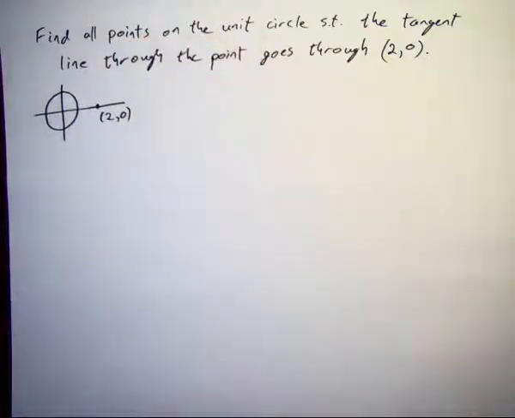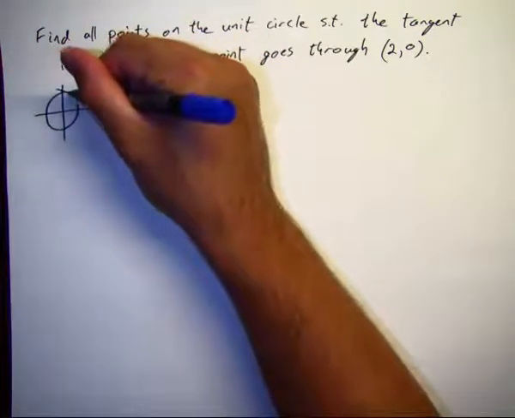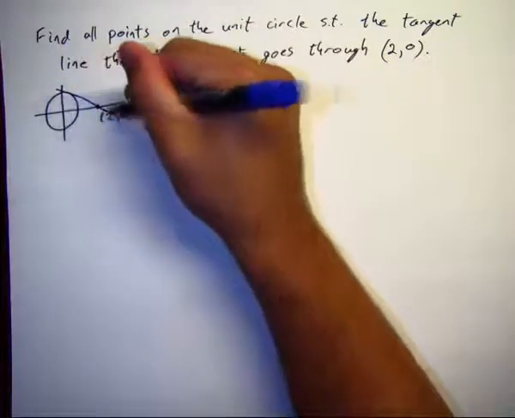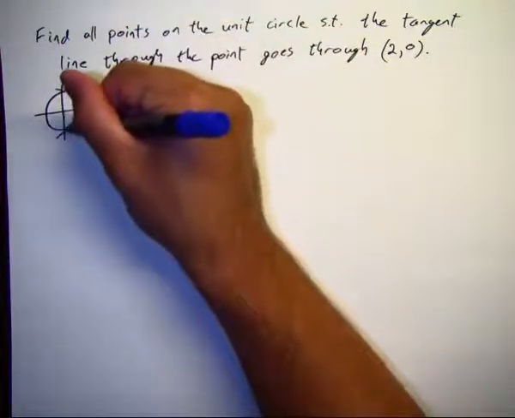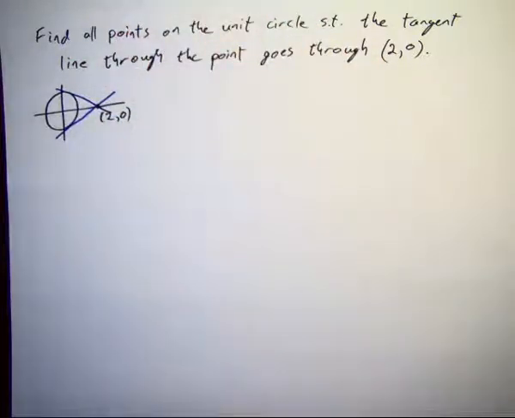So (2, 0) does not lie on the unit circle, and what we are looking for are the tangent lines that go this way. There will be one over here, there will be one over here, and graphically that seems to be the end of it.